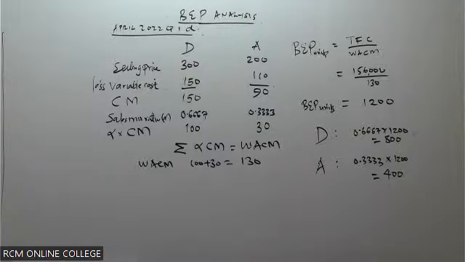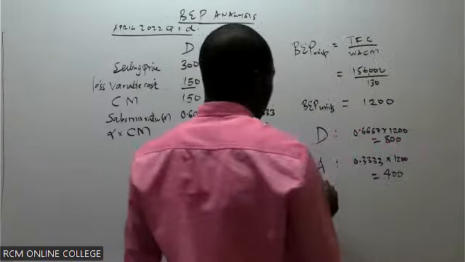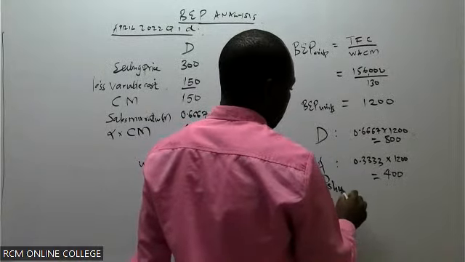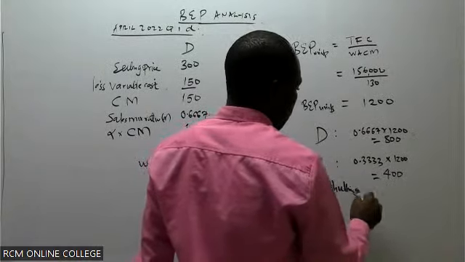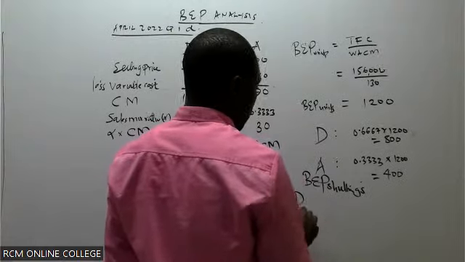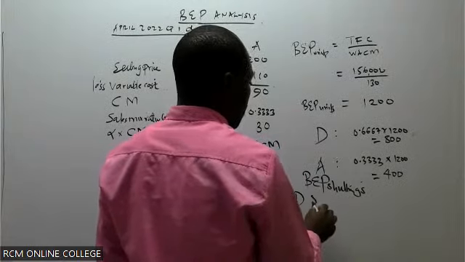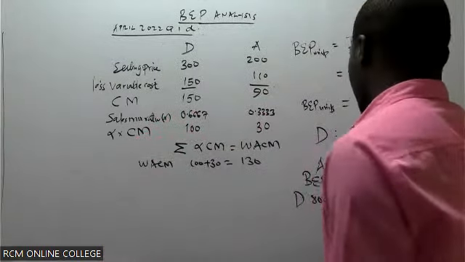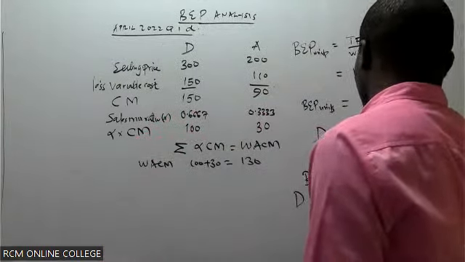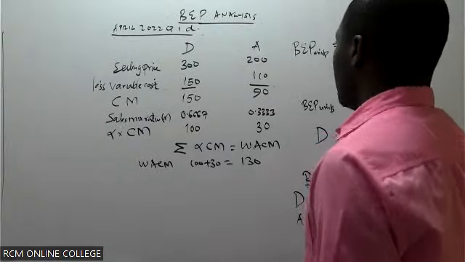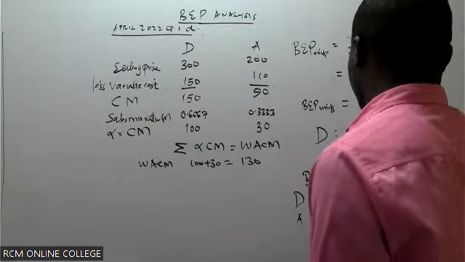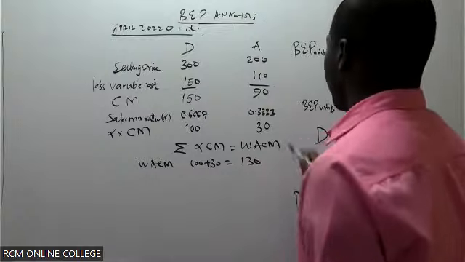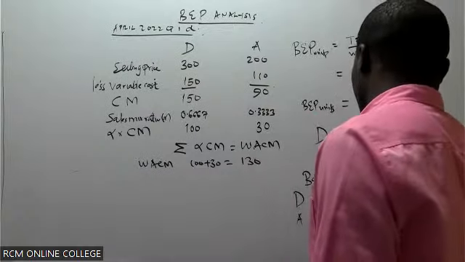Good. Go ahead and give us now the break-even point in shillings. D will have 800 units, and we multiply by the selling price per unit of D, which is 300. And then for A, we take 400 units multiplied by the selling price per unit, which is 200.